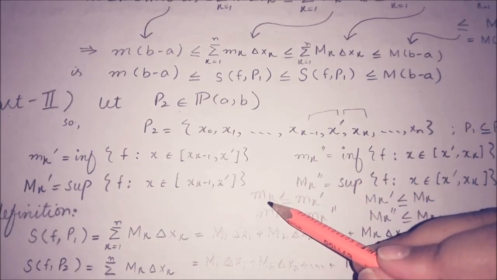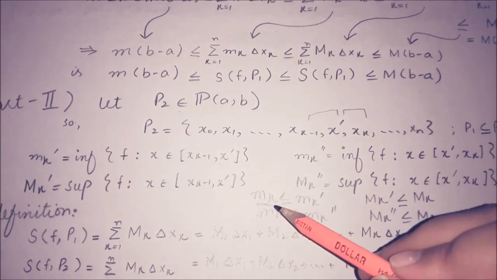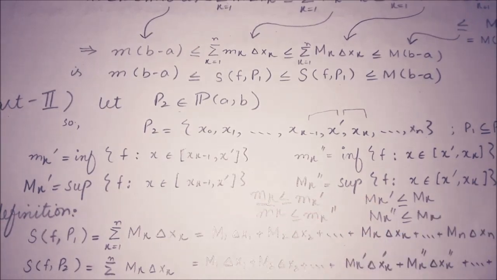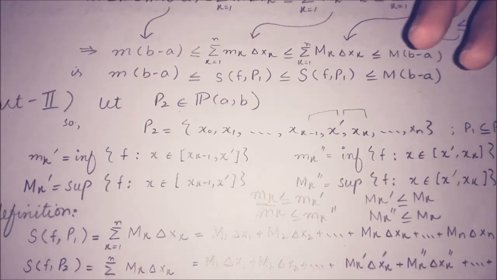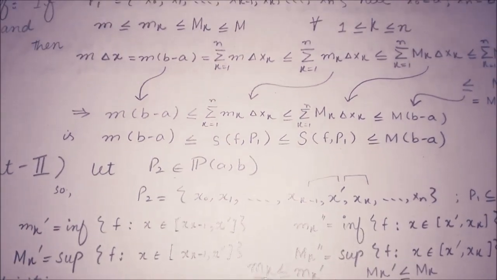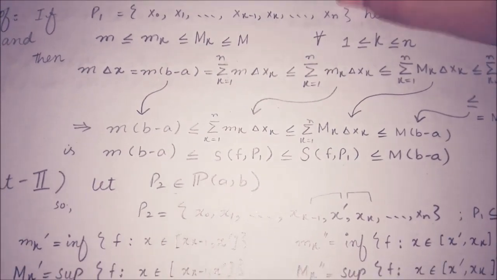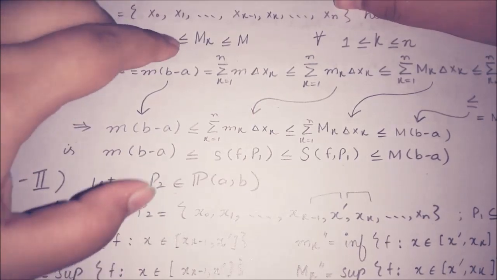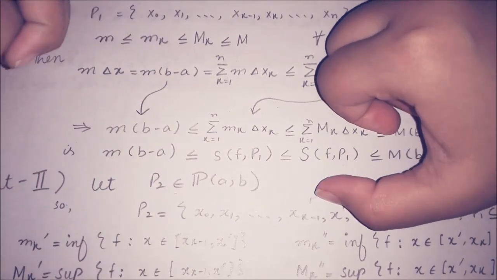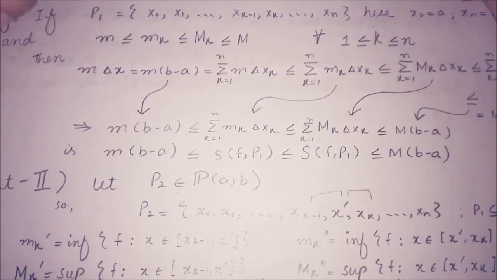Why? Because this is the general supremum for the kth interval for the certain partition P1 here. So small m_k should be less than the infimum that was taken from this. That is why P2 is finer than P1.